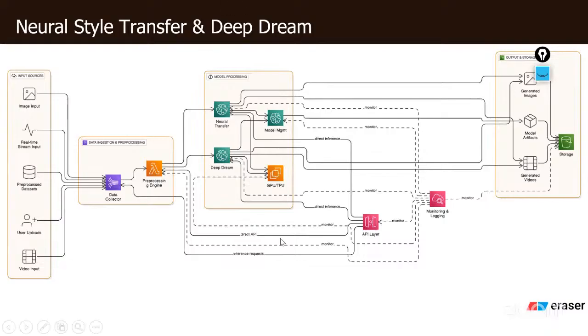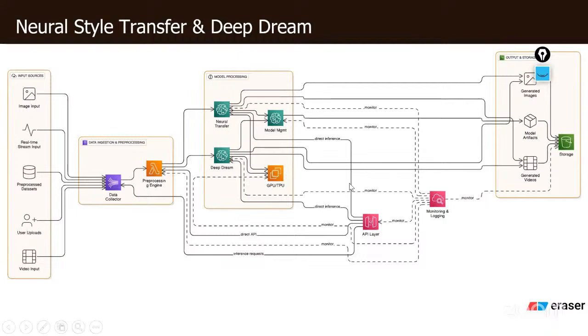In the model processing stage, there are two parallel pipelines going on. One is for neural style transfer and the second is for Deep Dream, each leveraging GPU or TPU resources, orchestrated by a model management layer.